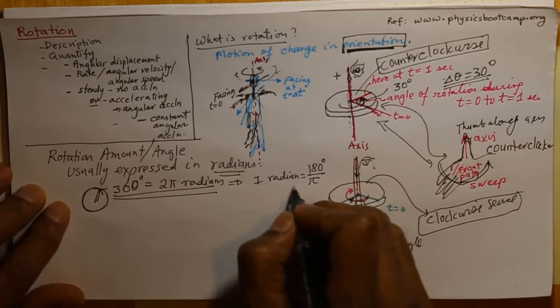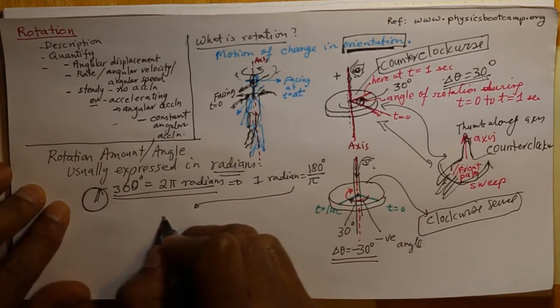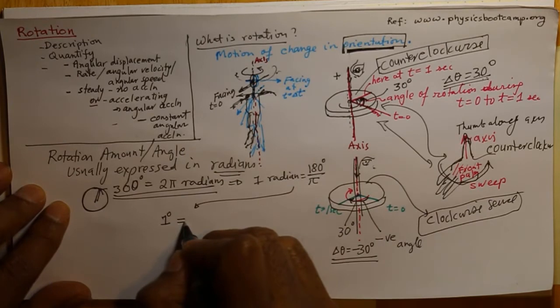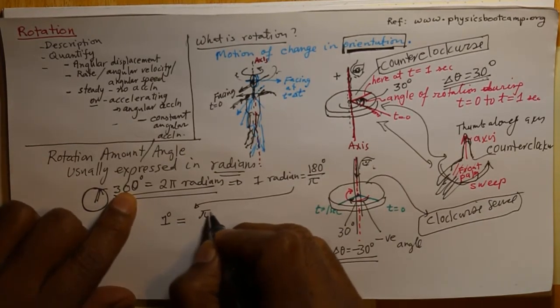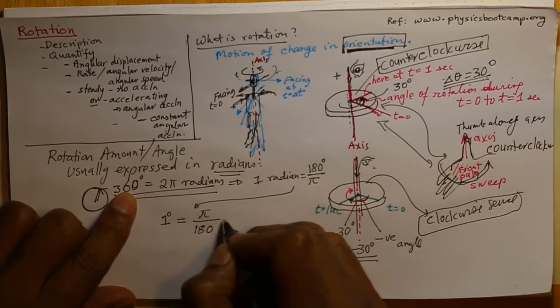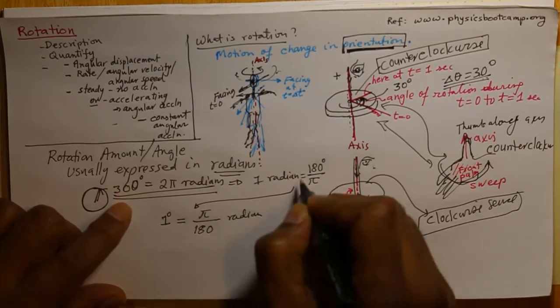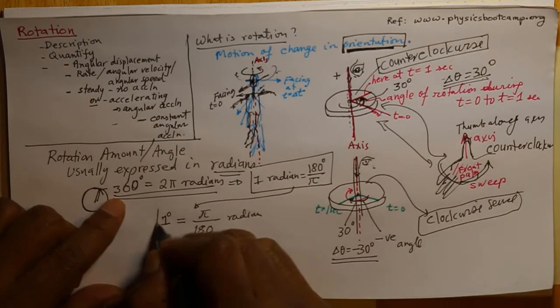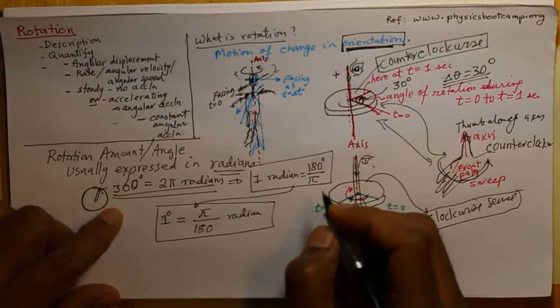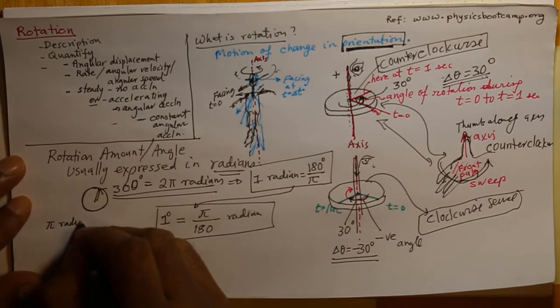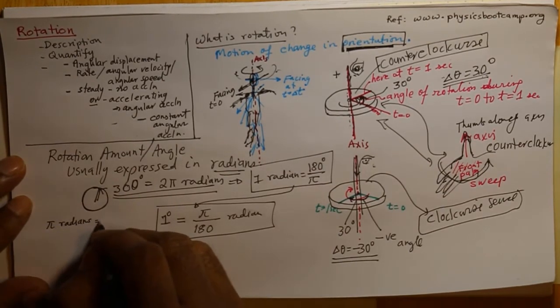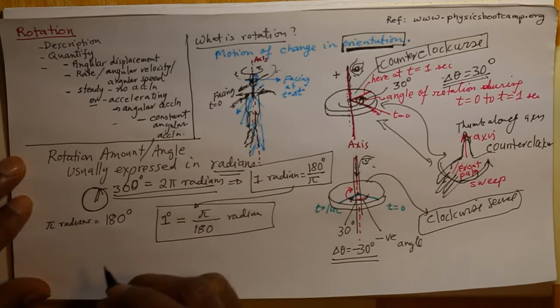Or you can say, how about 1 degree? 1 degree is basically divided by this. So pi over 180 radian. So these are 2 conversions you will need. The way I remember is, I just say pi radian is 180 degrees.